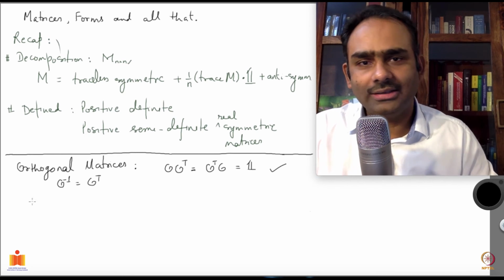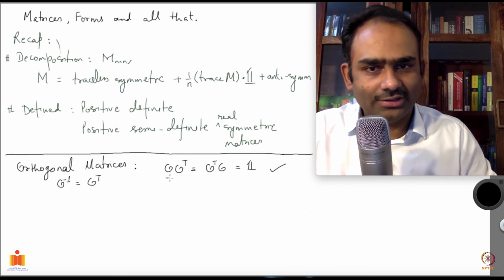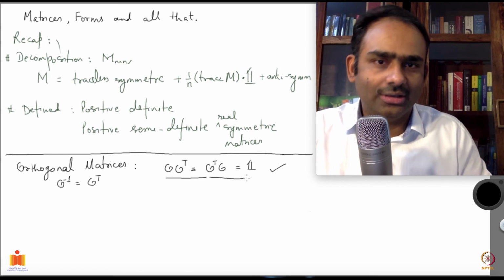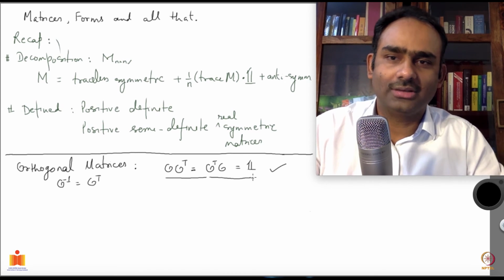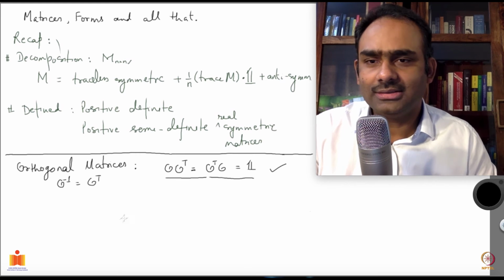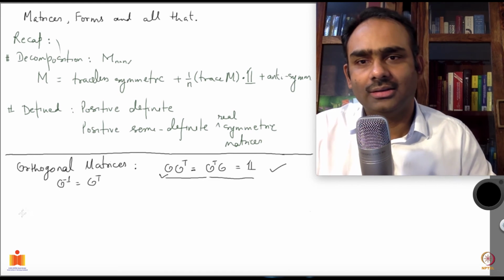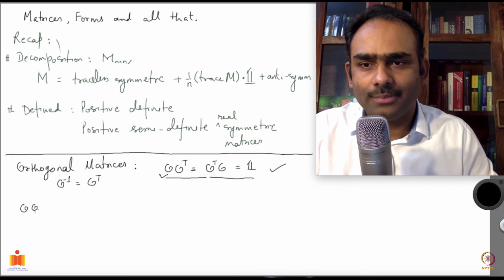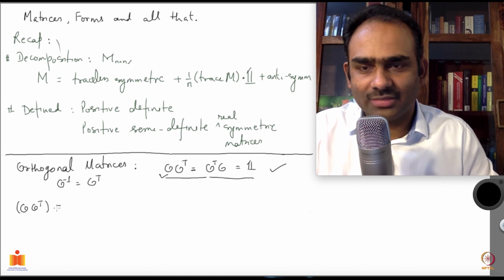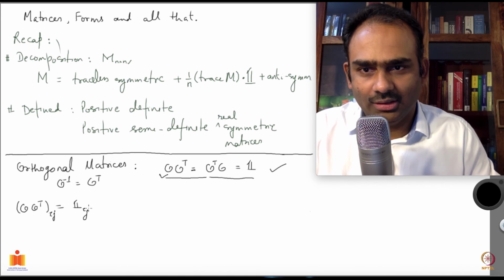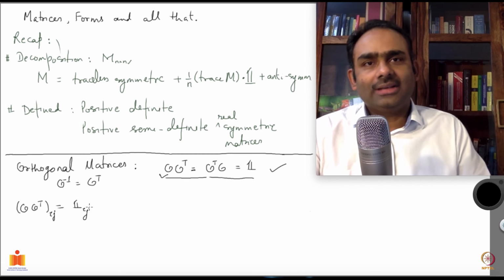Now I want to write down this definition of orthogonal matrix using indices. So let's say I take this piece, O times O transpose is equal to identity, and on both sides look at the element ij.